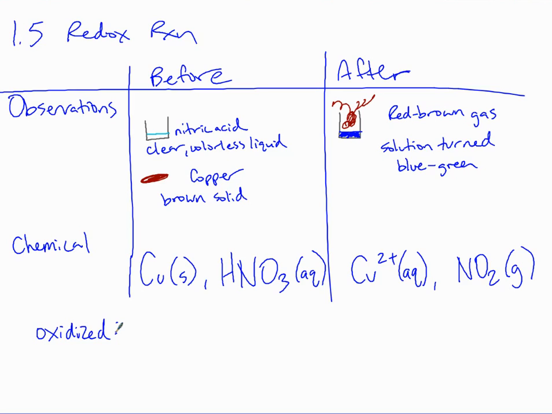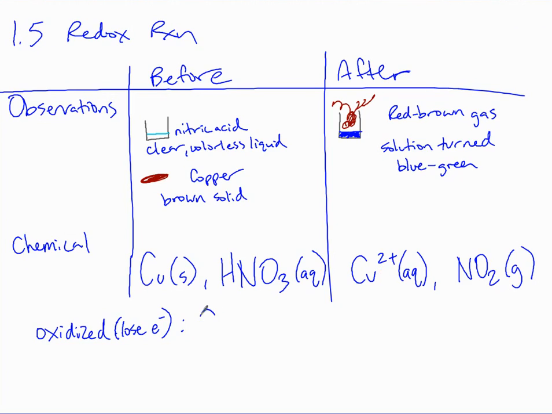Yeah. Oxidized, we are talking about lose electrons. Electrons have a negative charge, so if we were taking them away, something would become more positive. So we're looking at the copper here. It's neutral, and then it's more positive over here because it lost 2 electrons.